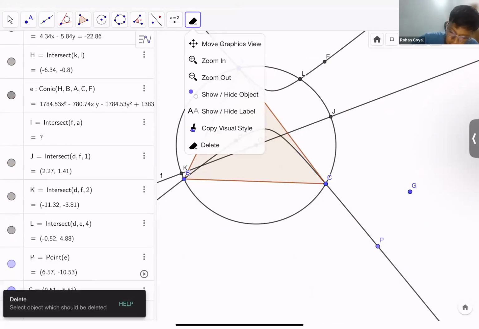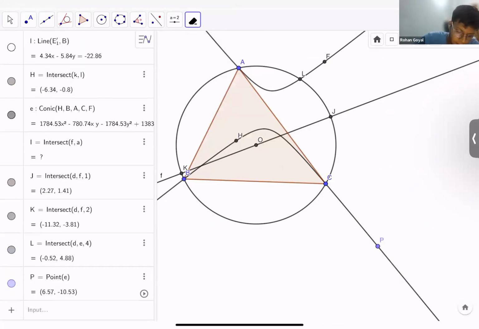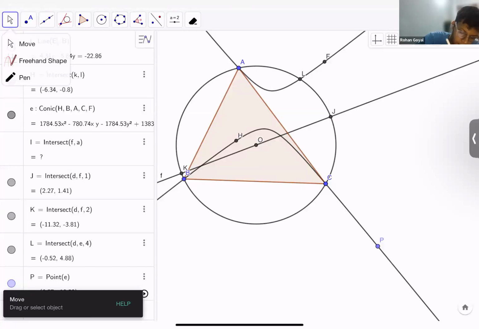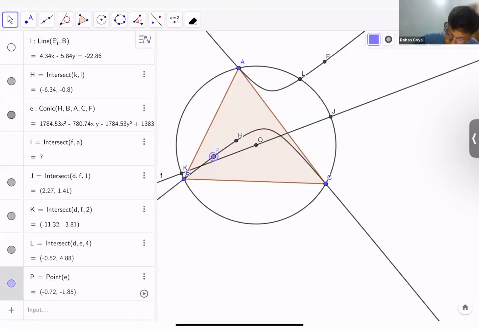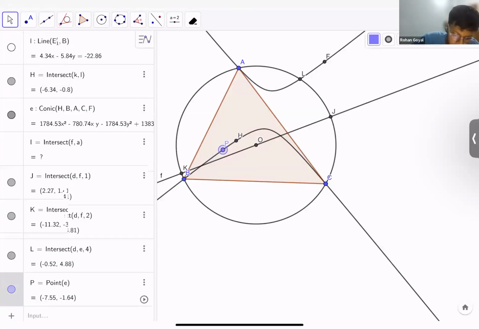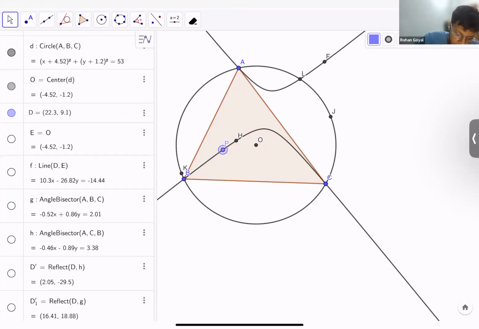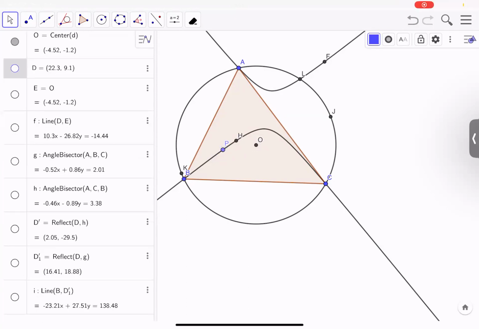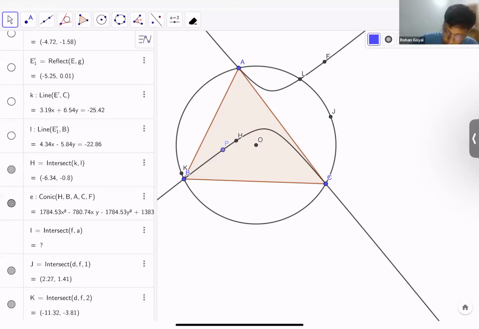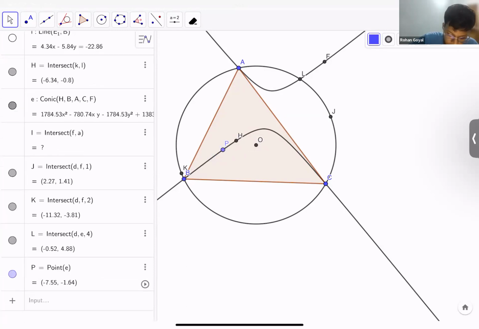Am I doing something wrong? Okay, P. Let's move P inside. And do you mind if I hide this line that we started with? I don't think we need it right now. Yeah. Okay, great. Finally, we have a semi-clean figure.